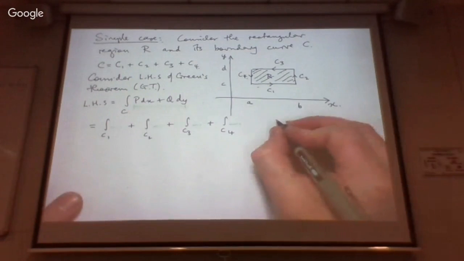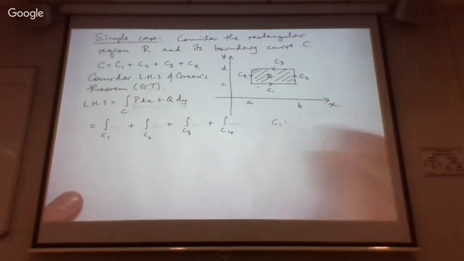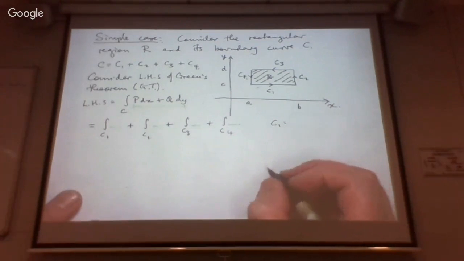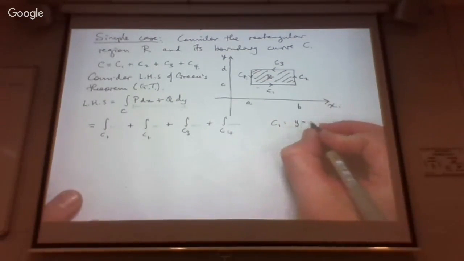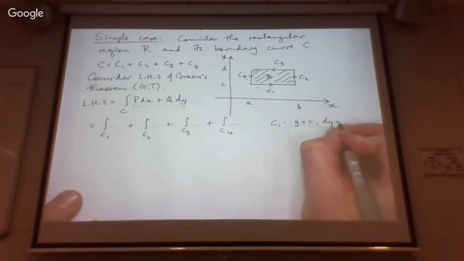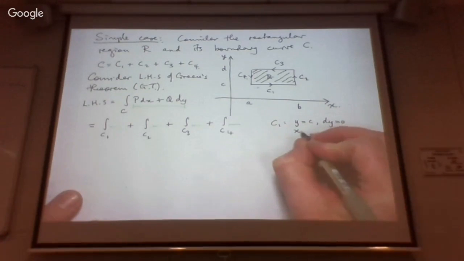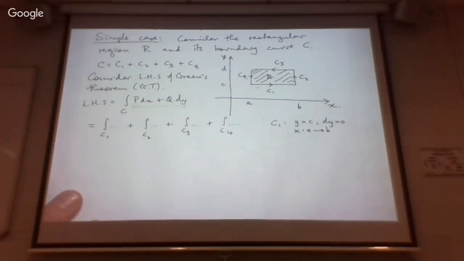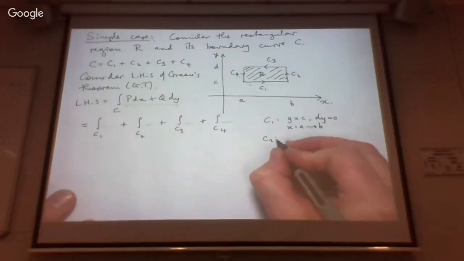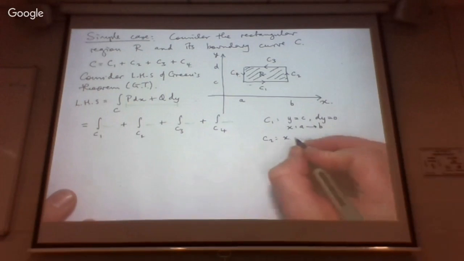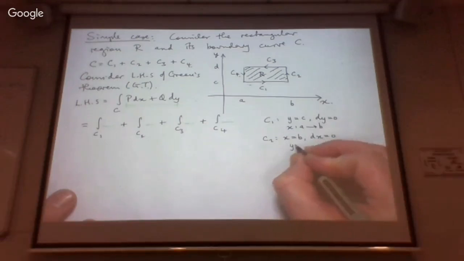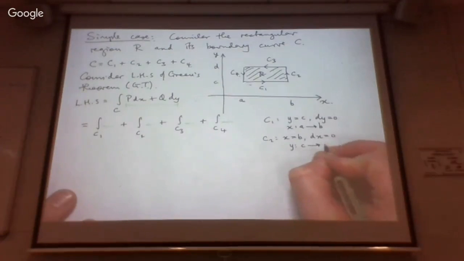Now, if you look at what's happening along the boundary curves, it's very easy to describe what's happening with x and y. Along C1, y is fixed at c, dy is equal to 0, and x starts at a and goes to b. You've got similar descriptions for each one. Along C2, x is fixed at b, dx is 0, and y goes from c to d.